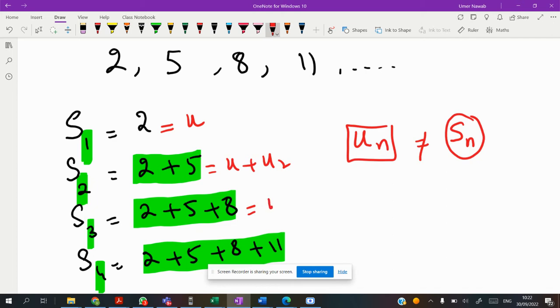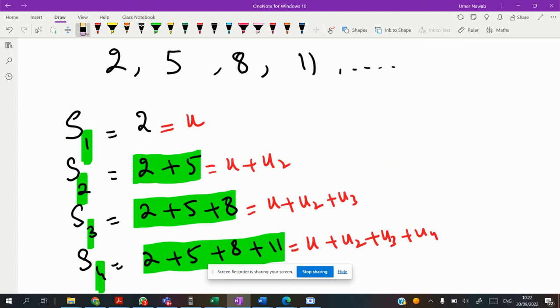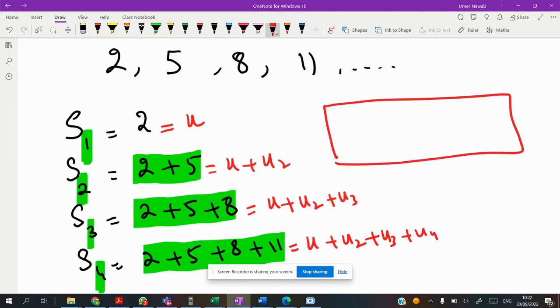S3 is what? It is u plus u2 plus u3. S4 is what? u plus u2 plus u3 plus u4. I hope it clears to you. And from this discussion, I can make a very beautiful relationship between the terms and the sums.